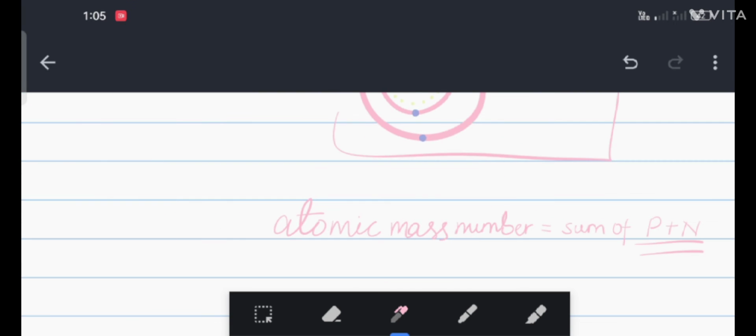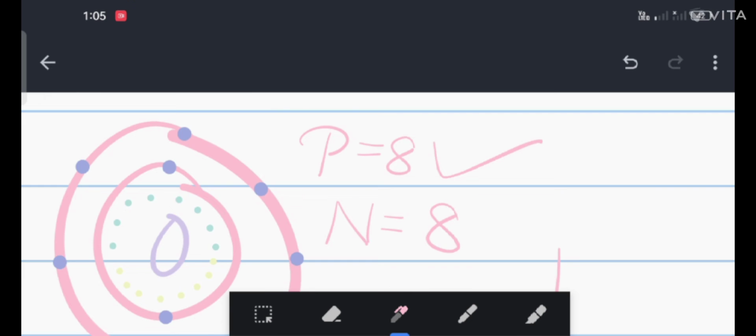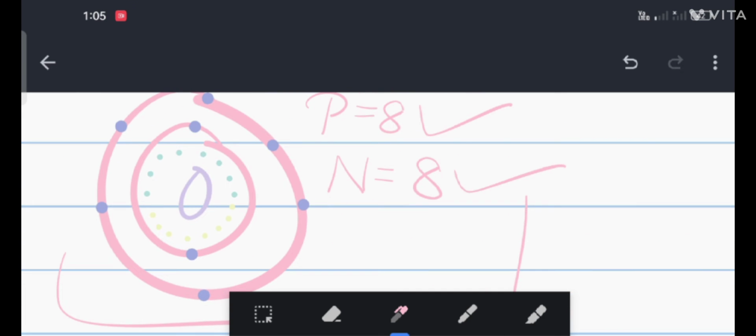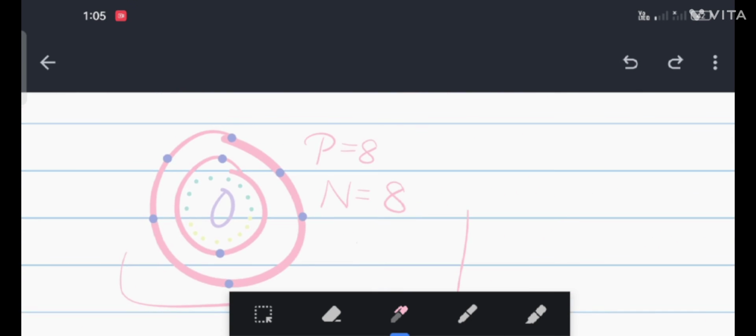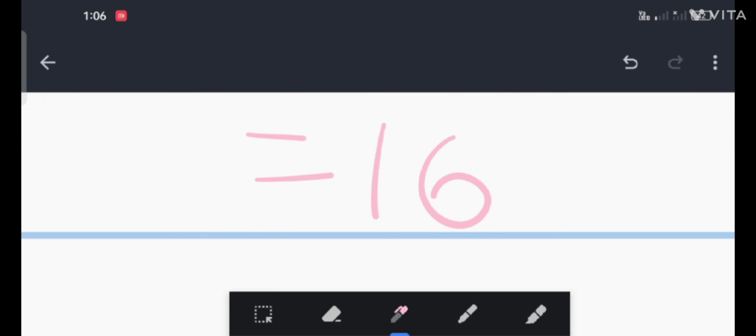Basically it's that simple, right? So the number of protons is 8, the number of neutrons is 8. So what is the atomic mass of oxygen? The atomic mass of oxygen is the sum of protons and neutrons, so 8 plus 8, which is 16.